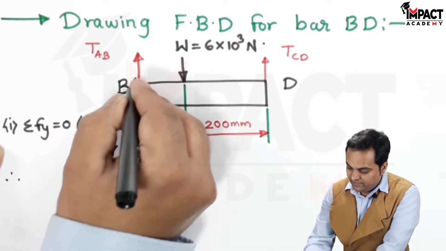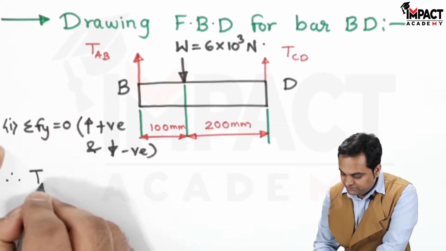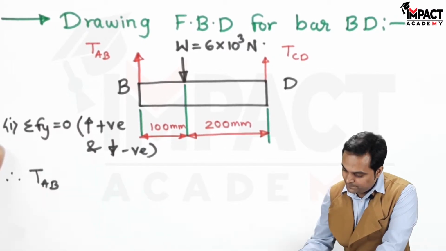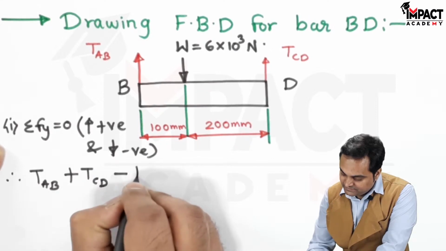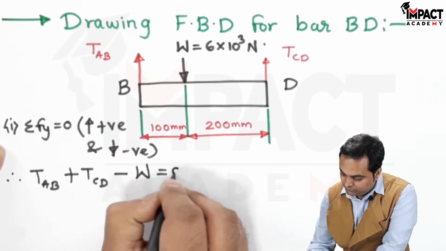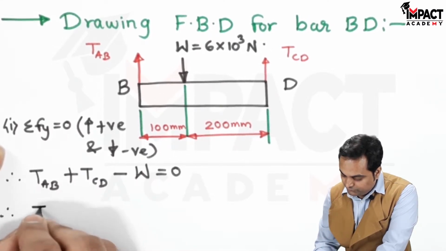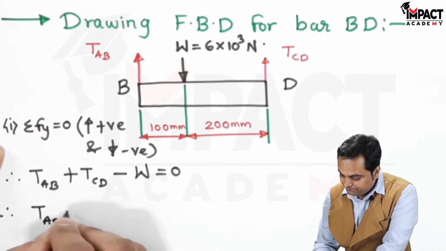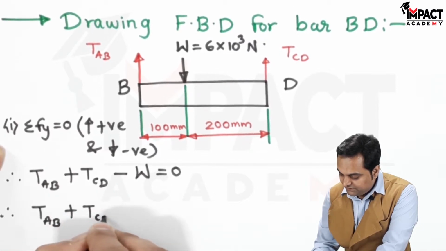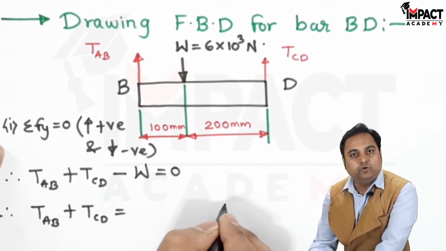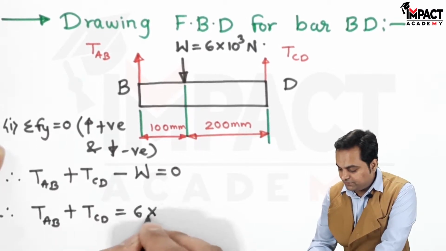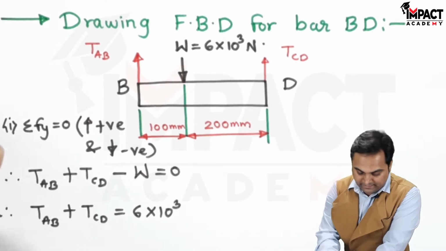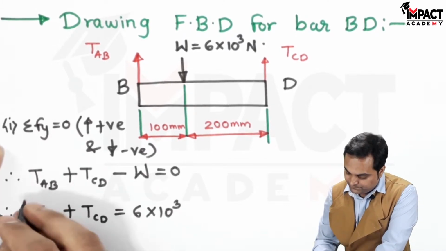So therefore, we have TAB, which is the tension in string AB, plus TCD minus W is equal to 0. So TAB plus TCD equals W, and the value is 6 into 10 raised to 3 Newton. I'll keep this as the first equation.